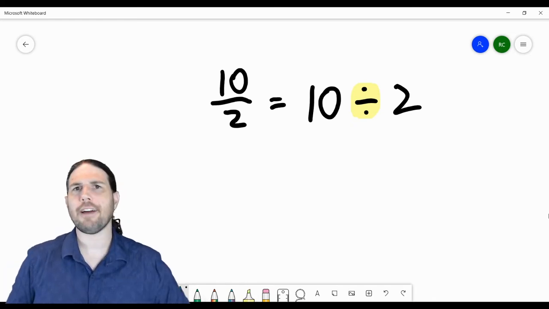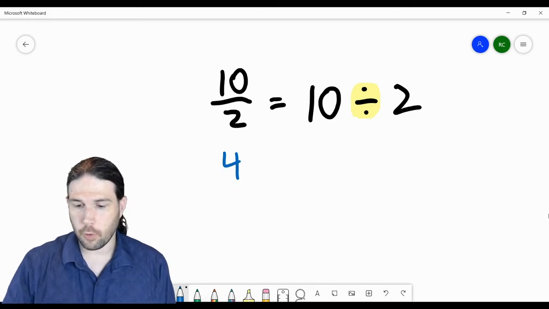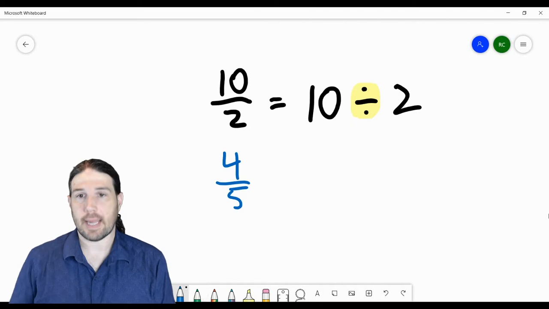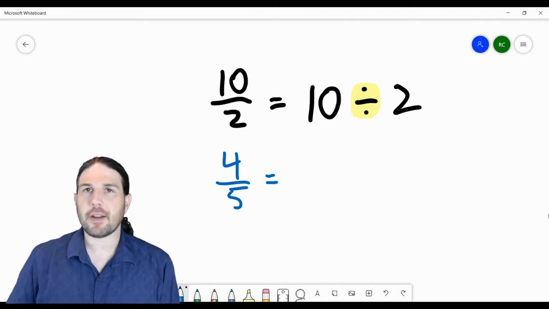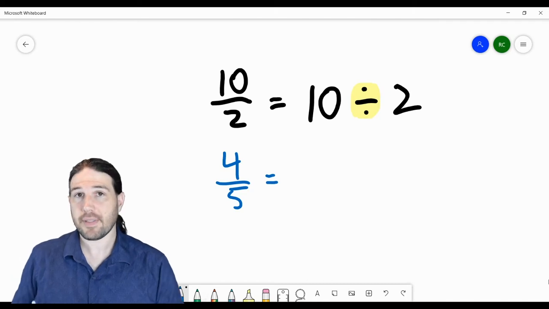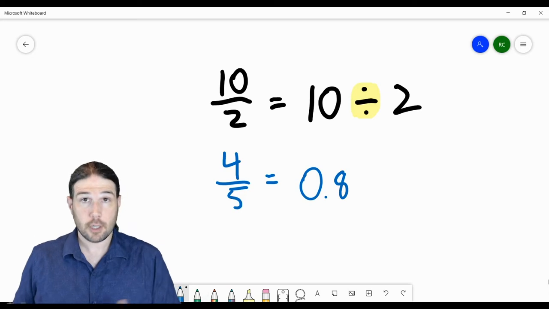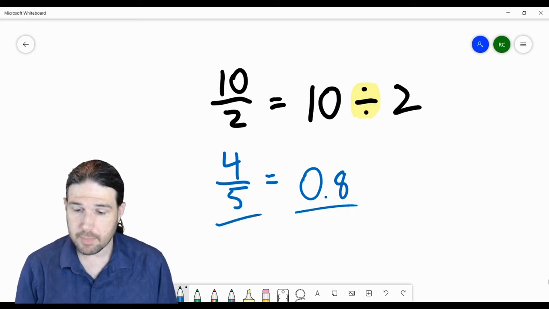Now, when we have a fraction like 4/5, for example, there is a very big temptation to immediately throw that into the calculator and get the decimal 0.8, which is correct. These two are both the same number.